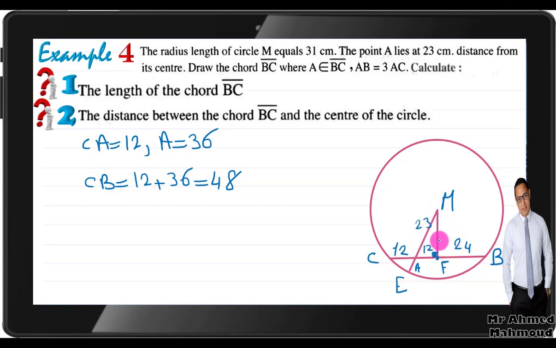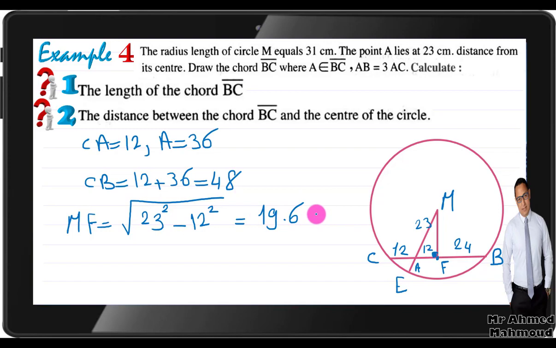It's easy to find MF by using the Pythagorean theorem. Therefore MF equals the square root of 23 power of 2 minus 12 power of 2. It's equal to 19.6 centimeters. The next question.